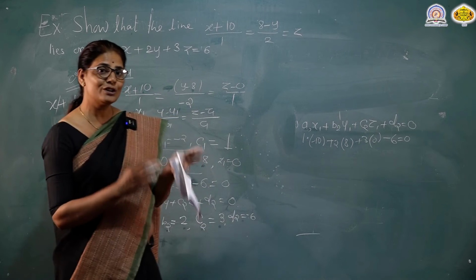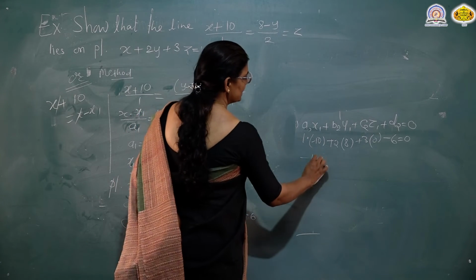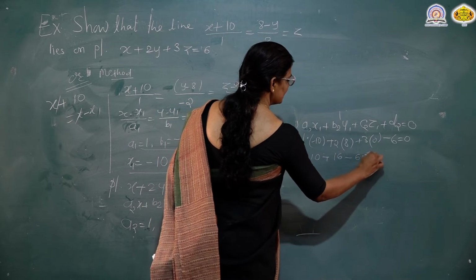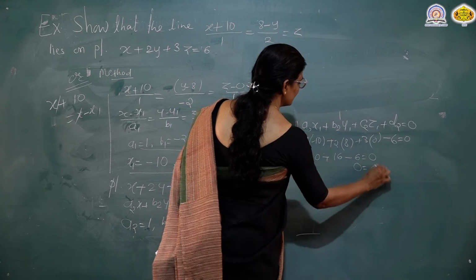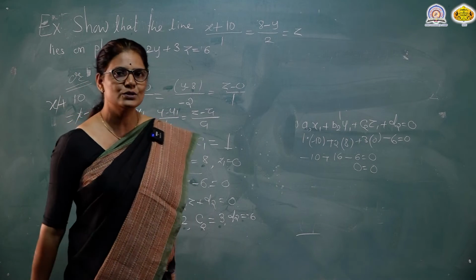Putting in this equation, it becomes minus 10 plus 16 minus 6 equals to 0. So we get 0 equals to 0, that is right hand side equals to left hand side. So the first condition is true.